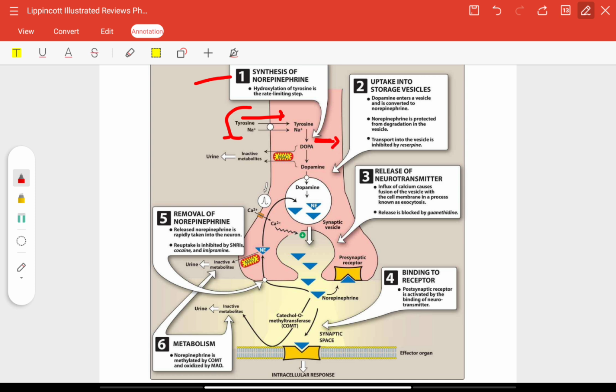Now next, what happens? Uptake into the storage vesicles. Tyrosine converts into dopa, the precursor of dopamine, and it converts into dopamine. Now dopamine is taken up into the storage vesicles.